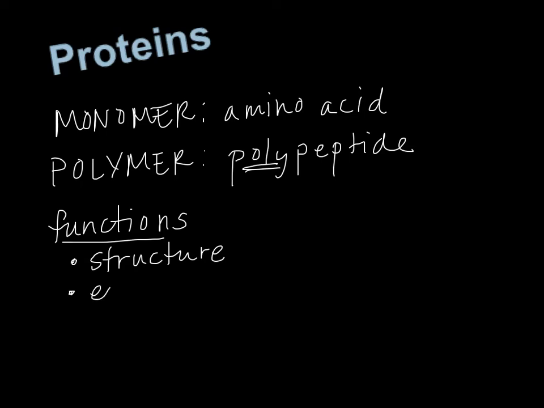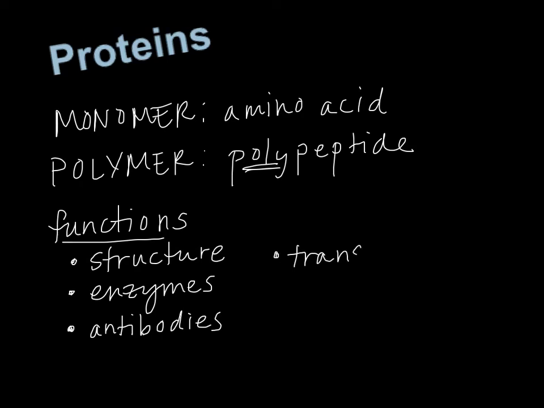Proteins also serve as enzymes, which speed up reactions. They also serve as antibodies, which are part of your immune system. And finally, proteins can be used for transport of different substances in your body. And we will go through, as I said, lots of examples of all of these as we go into more units.